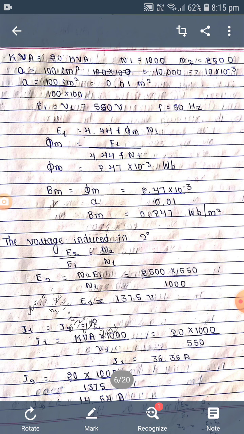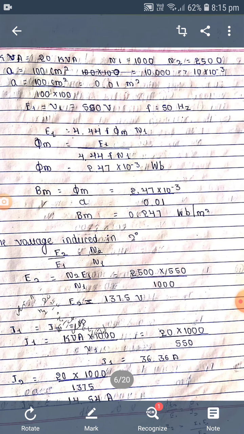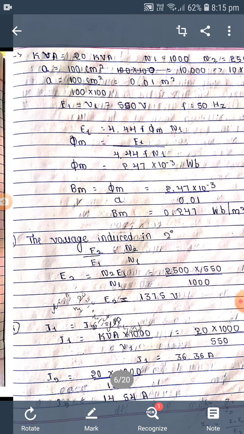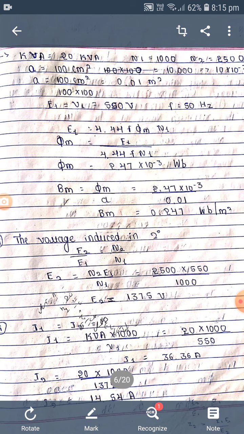This 100 cm square should be converted into meter square, so you divide by 10000, then A equals 0.01 meter square. Why are we converting centimeter square to meter square? Because flux density is in Weber per meter square, so you need to convert the cross sectional area into meter square.